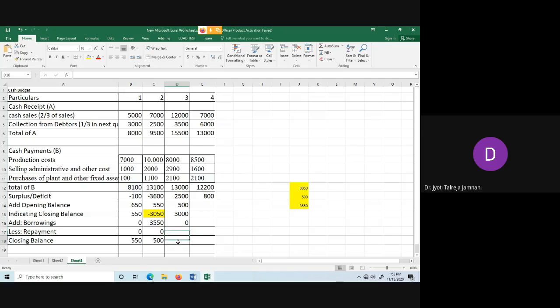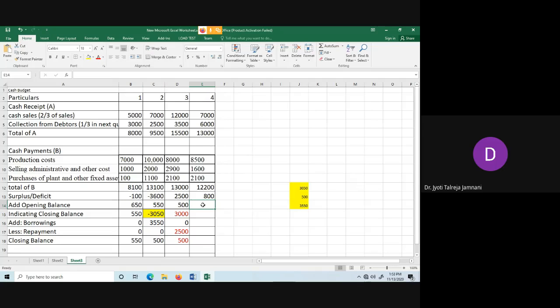We need only 500 as minimum balance and we have 3000. So 3000 minus 500, I have to repay 2500 rupees. There is no interest, so we are ignoring the interest. Whatever extra we have more than 500, we are repaying the loan of this 3550 loan which we have taken.